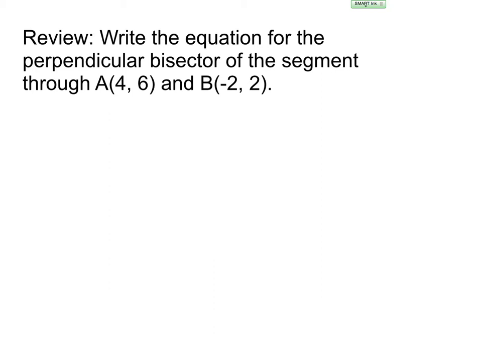So when we write the equation of the perpendicular bisector, what slope should we use? -3/2. What point do we want the perpendicular bisector to go through? The midpoint. So now we need to find the midpoint of those. So what's the midpoint? The second one down, correct. What's the midpoint end up being?